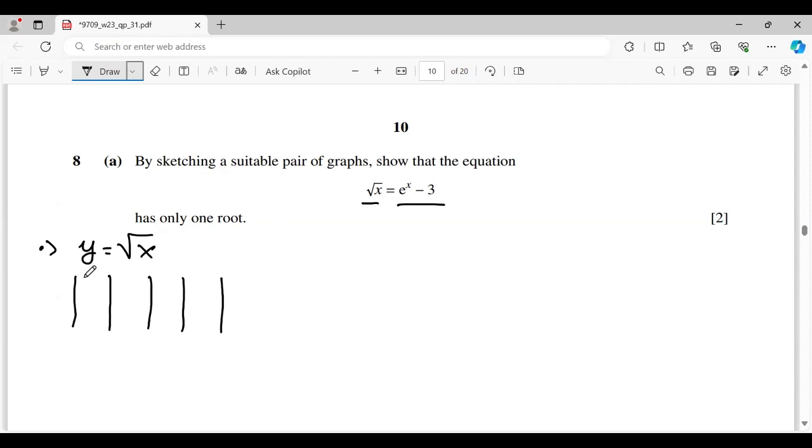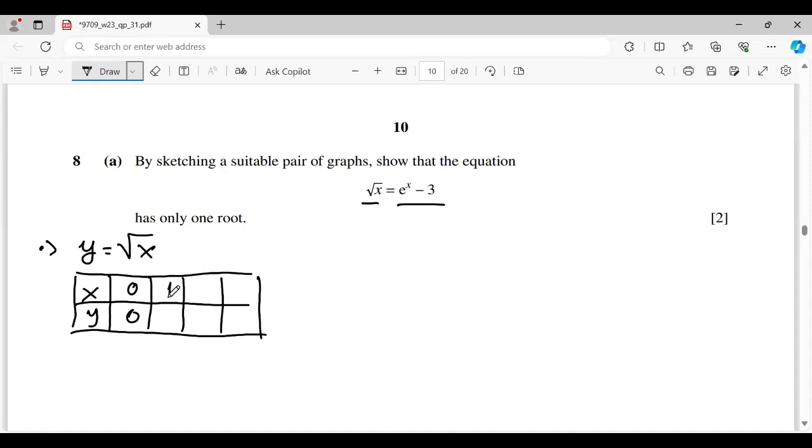I'm going to find 4 coordinate points, x, y. If x is 0, y is 0 as well, because square root 0 is 0.